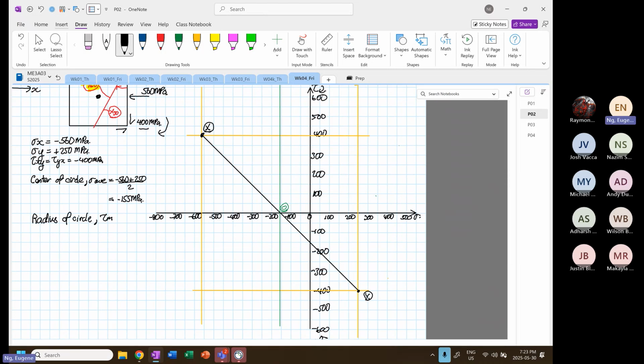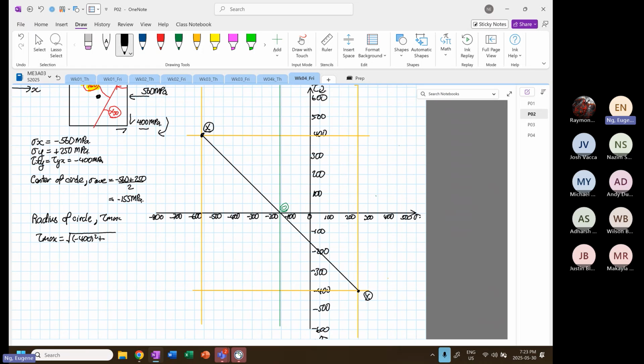Which is tau max. So tau max will be equal to the square root of 400 squared, or minus 400 squared, but it does not matter if 400 or minus 400, plus.